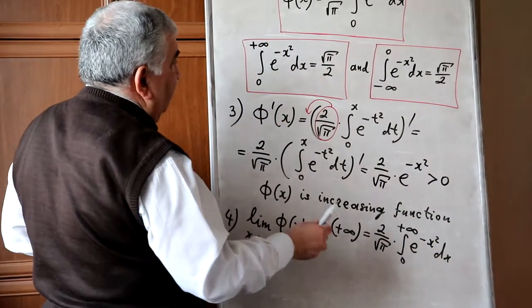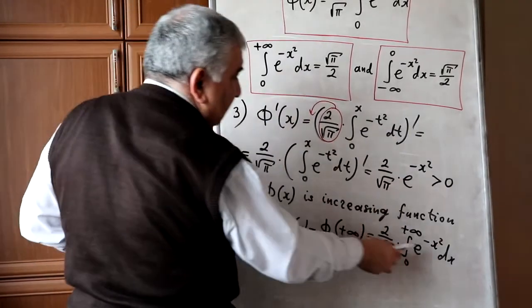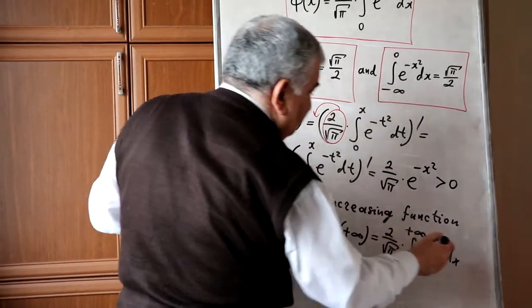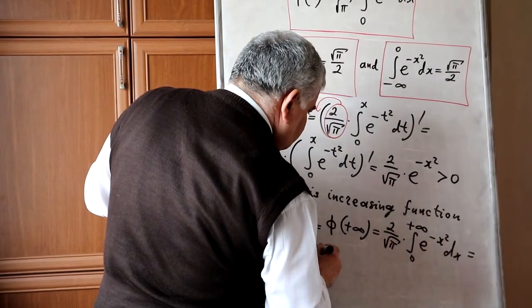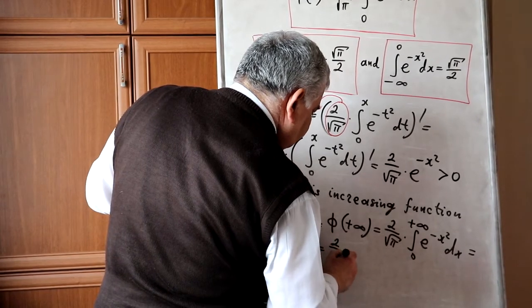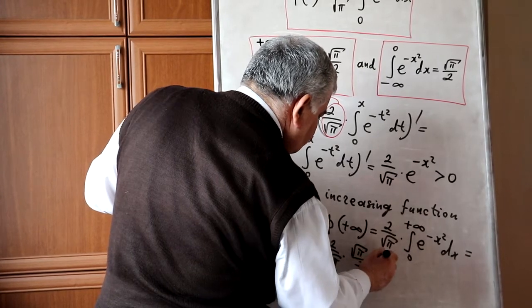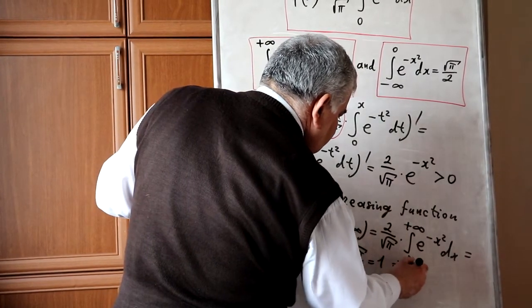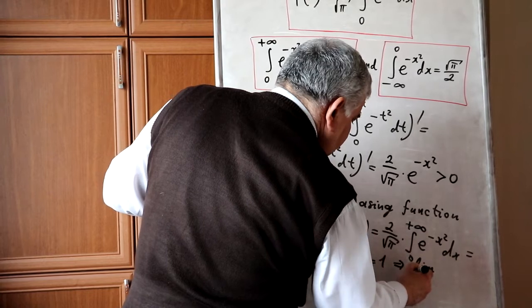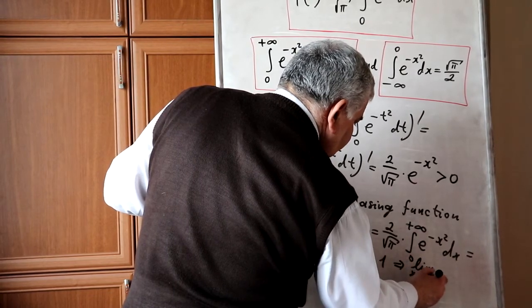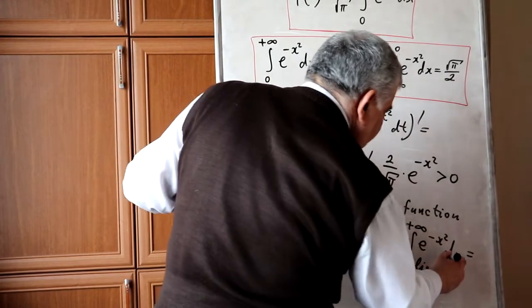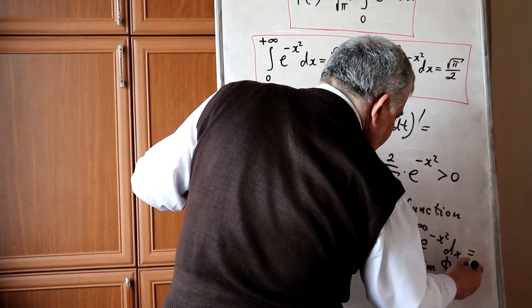And already you know that this integral is square root of pi in half, so 2 over square root of pi multiplied by square root of pi in half is equal to unit. That is, limit when x tends to plus infinity of phi capital of x is unit.